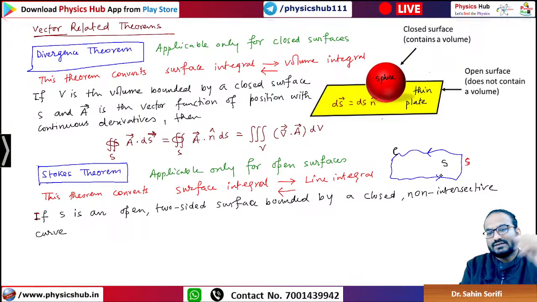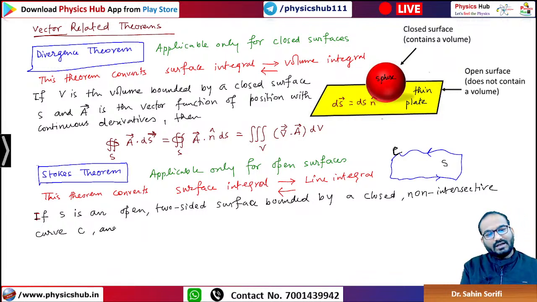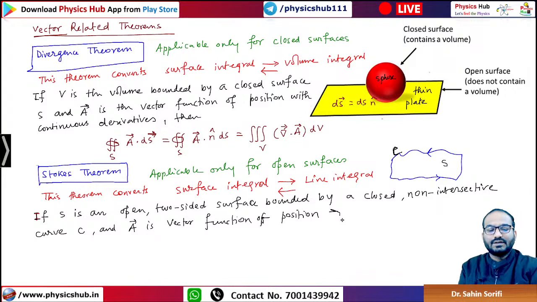So the surface is S and the curve bounding it is denoted by C. If S is an open two-sided surface bounded by a closed non-intersecting curve C, and A is a vector function of position with continuous derivatives, you can see the language is very similar.